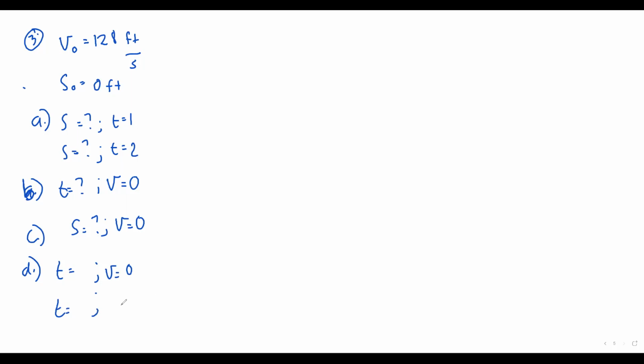So, V is equals to 128 feet per second. Ito, T, ito yung pag-angat, ito, pagbaba. Pag-a-add mo yan. So, T is equals to, ayan, ganyan. Okay? So, next tayo.